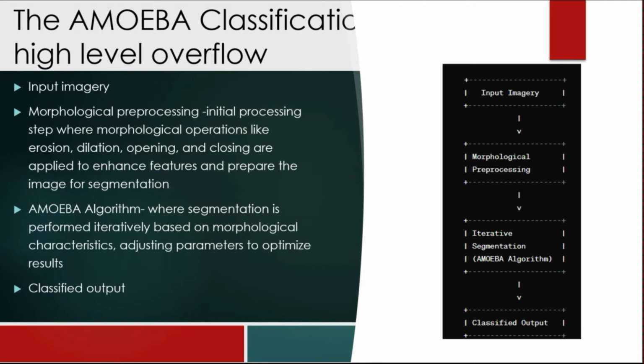This step helps in capturing the most significant variability in the spectral data while reducing redundancy. Morphological preprocessing indicates the initial processing step where morphological operations like erosion, dilation, opening, and closing are applied to enhance features and prepare the image for segmentation.